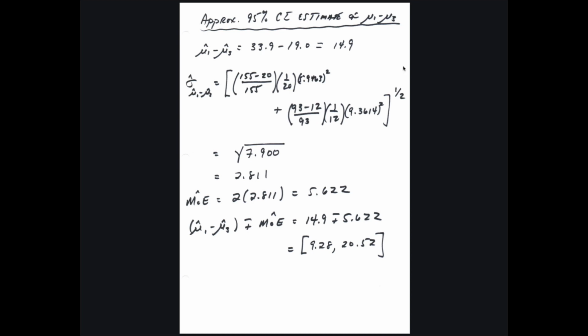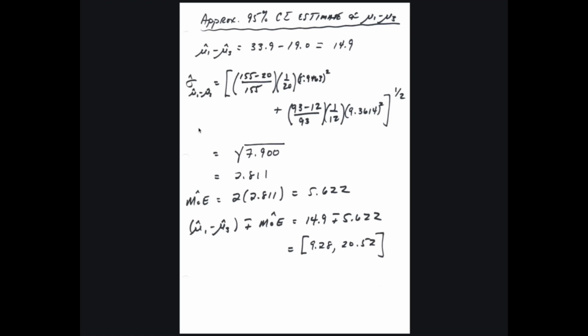To do this, we will construct an approximate 95% confidence interval estimate for mu 1 minus mu 3. We'll use the same kind of procedure. We first calculate a point estimate of mu 1 minus mu 3, given by mu hat 1 minus mu hat 3, and that estimate is 14.9 hours.